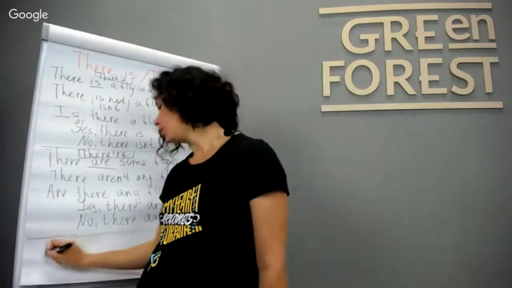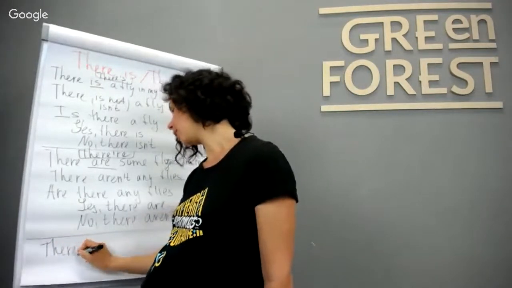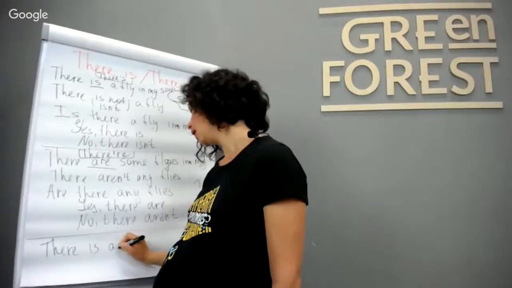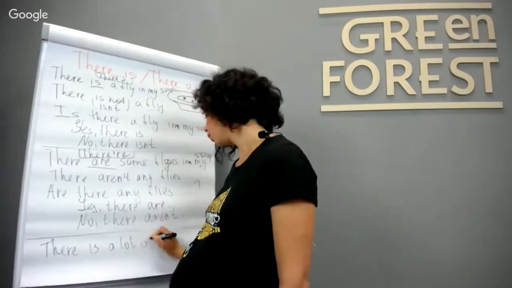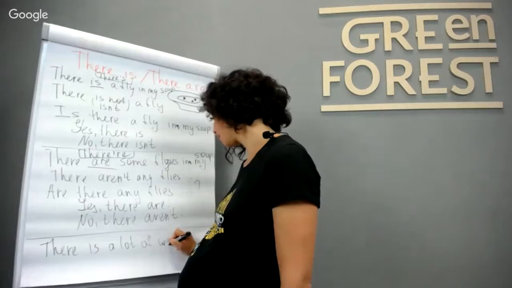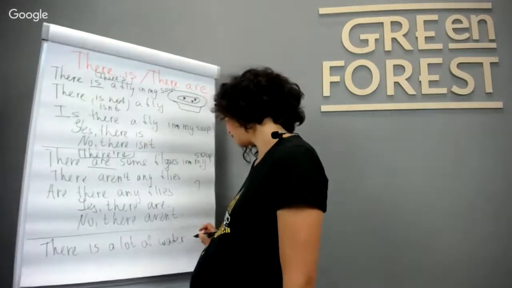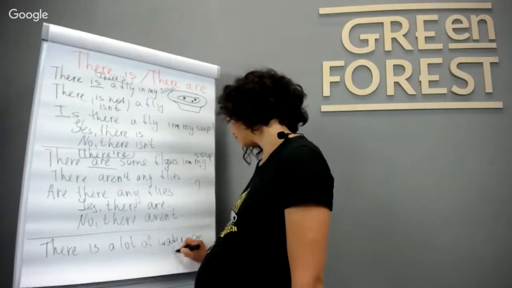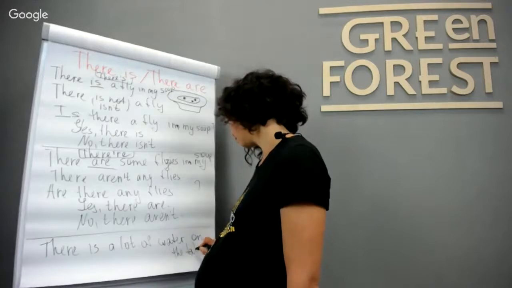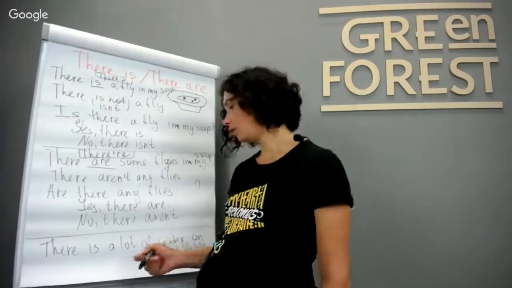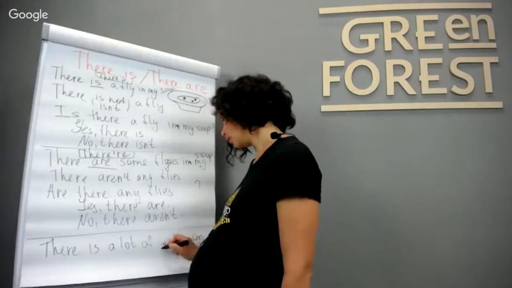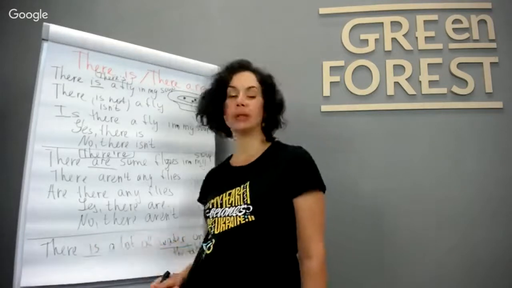Even if we have a lot of this. For example, we say there is a lot of water on the table. Water is uncountable, that's why we say "there is".